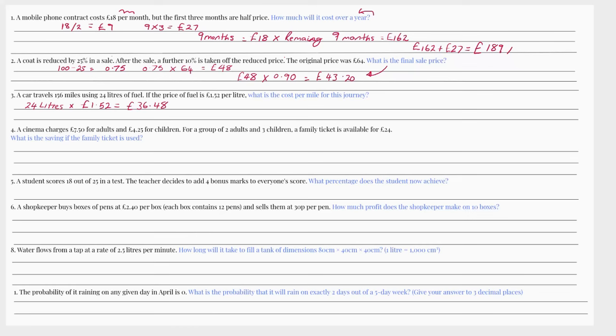So now we need to know, because it's 156 miles, what the cost per mile for this journey is. Like we've done with the questions before this, we're going to divide.